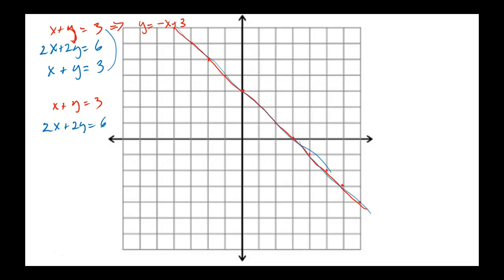Typically, if you were doing elimination by addition, because you don't have anything that's the same above and below, if you multiply this top equation by -2, then you could eliminate your x's, right? So let's multiply the top equation by -2.